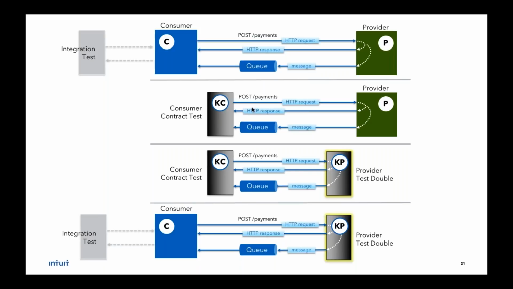Now, one way to address this risk is this box, which I've just introduced on the slide. Since you had a contract test, which we introduced on the second row, you should be able to take the contract test and run it again against the double.